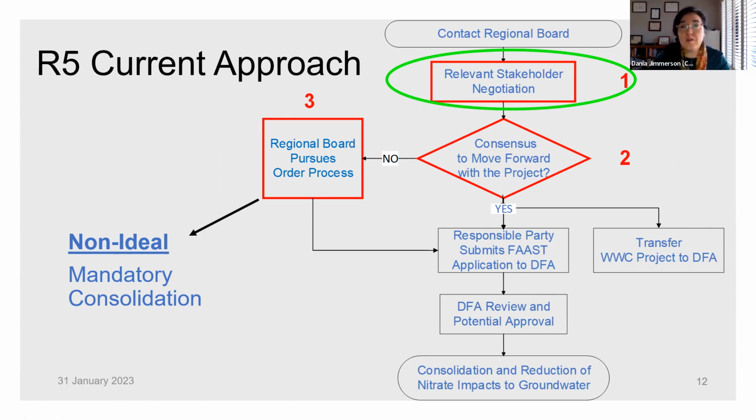And we put a lot of emphasis in this part of the process because, as I mentioned earlier, the resources allocated for wastewater consolidation are very different than for drinking water consolidation. There are 8 staff, 2 within my region, and we cover a vast region all the way from Redding to Kern County.